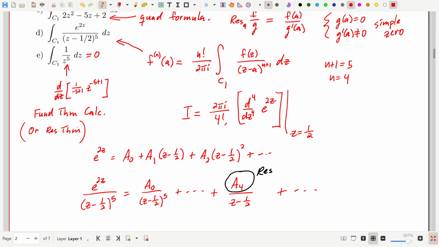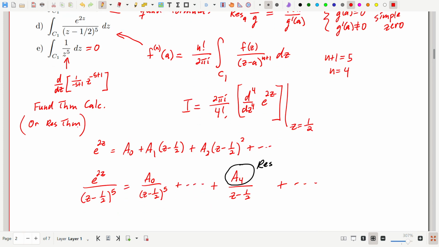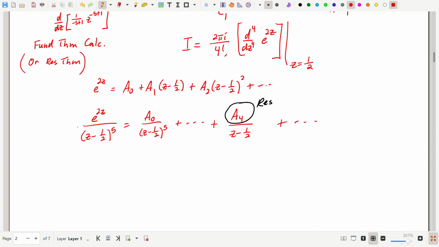And 1 over z to the 5th is the Laurent expansion for itself: 1 over z to the 5th plus 0 over z to the 4th plus 0 over z plus 0 plus 0 times z, etc. That is a Laurent expansion. And so the residue, of course, would be 0.